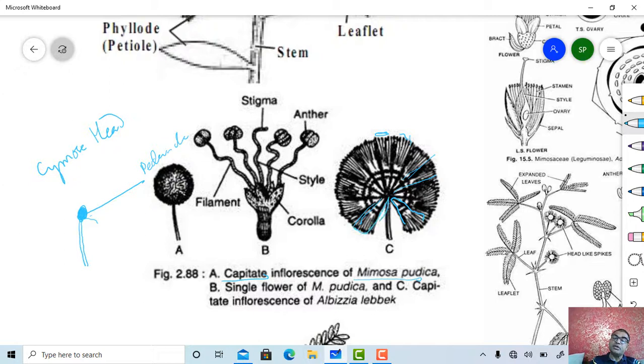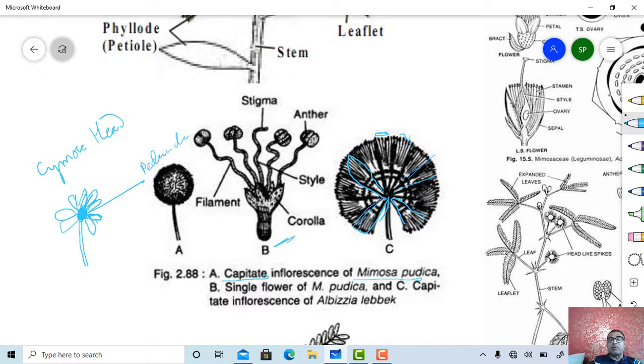On this suppressed or shortened peduncle, sessile flowers are present, forming a globose structure. Then it is called a head or capitate type of inflorescence.